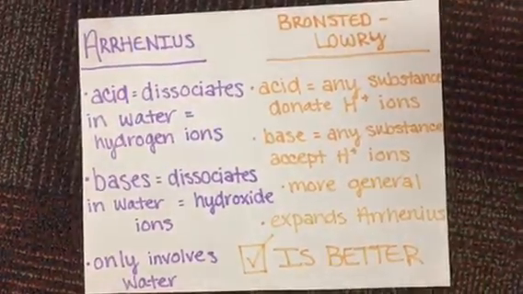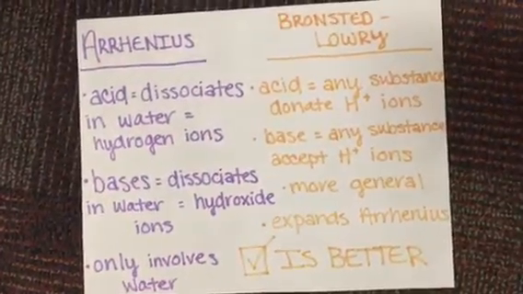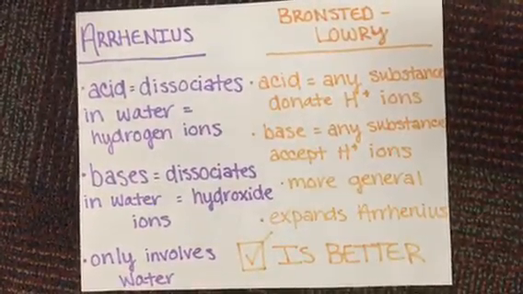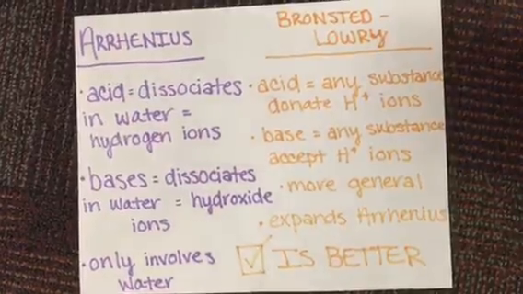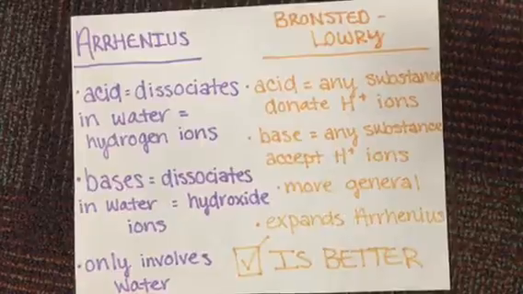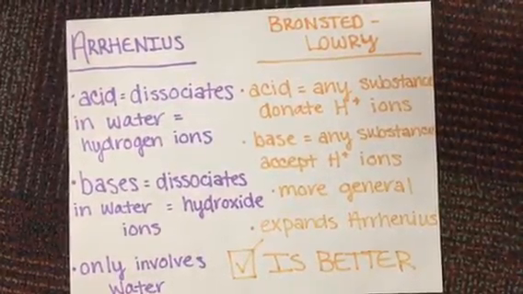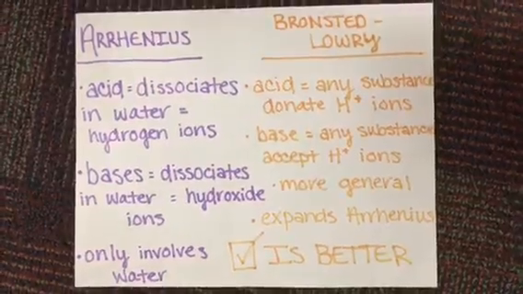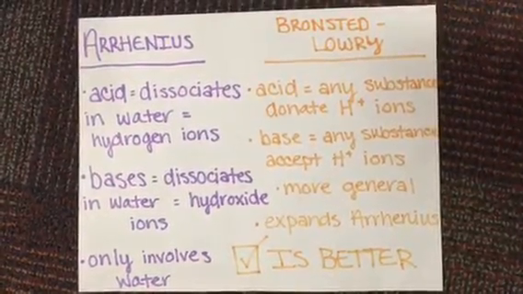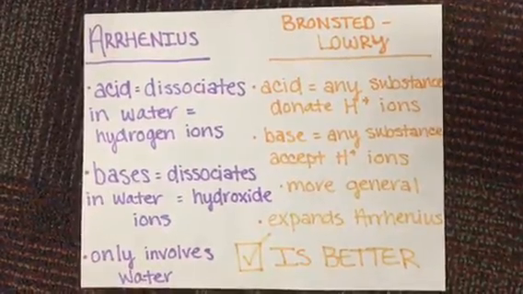Well, the Bronsted-Lowry theory is that acids are any substance that donates H+ ions while bases accept H+ ions, and the Bronsted-Lowry theory is more general and it expands Arrhenius theory, and it's not specified, so it works with a lot of other things and it's better in that sense.